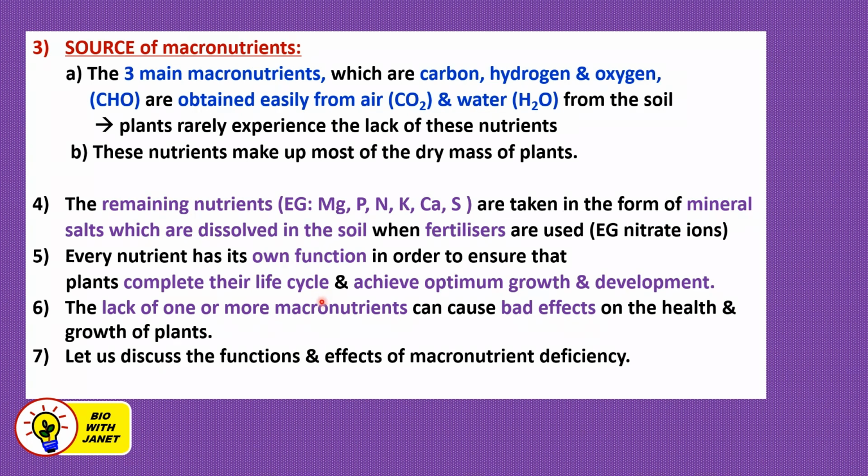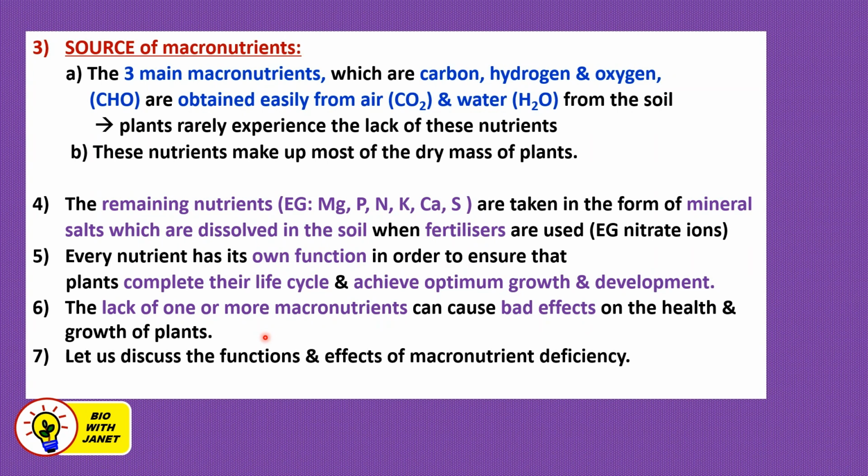The lack of one or more macronutrients or even micronutrients can cause bad effects on the health and growth of plants. This is similar to humans, right? We also need certain nutrients like calcium for the bones and iron, or ferrum, for the blood, to produce hemoglobin.